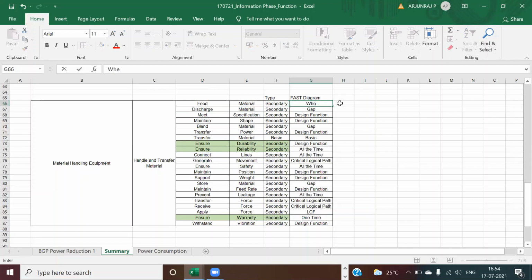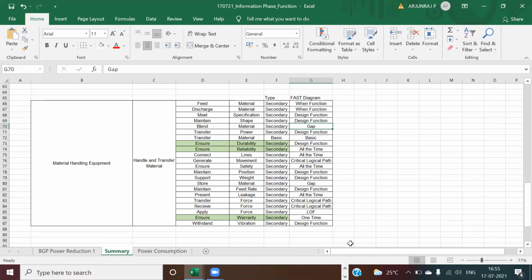This is a when function, and this is also going to be a when function. And when you are going to blend the material, you are going to feed them. First, you are going to feed the material, then blend the material, then discharge the material, then you are going to transfer the material.